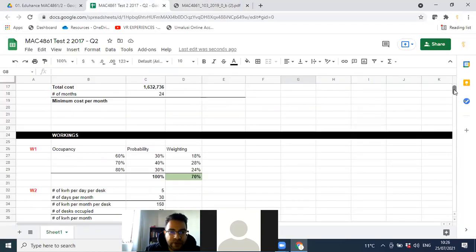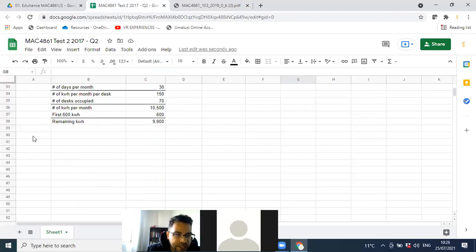It doesn't matter, buy or lease. Working 3. What we're going to do is choose the cheaper option. So we're going to leave a spot over there for the cheapest option chosen.